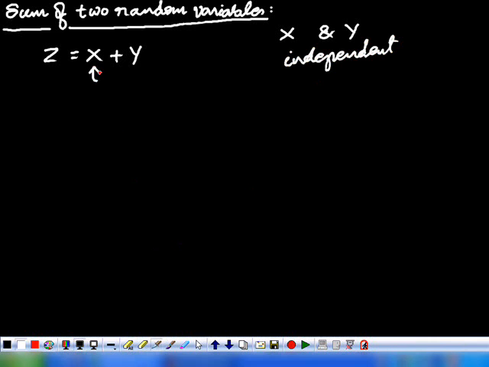Here X is the random variable with density function fX(x), and Y is another random variable with density function fY(y). Our aim is to find the density function of the random variable Z in terms of the density function of X and the density function of Y. That is, we have to find fZ(z).